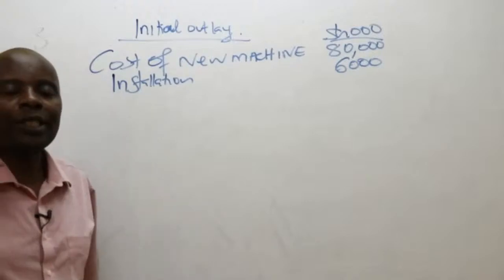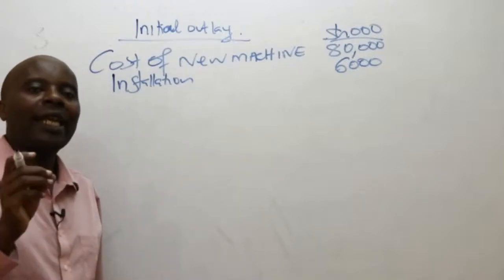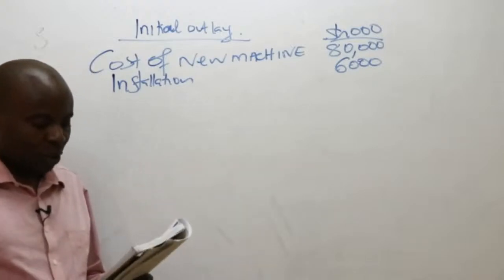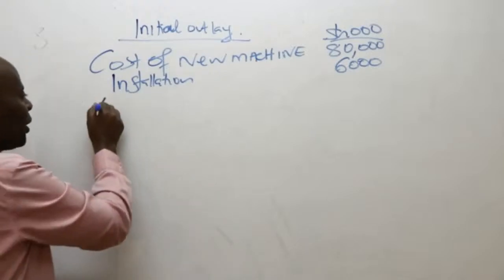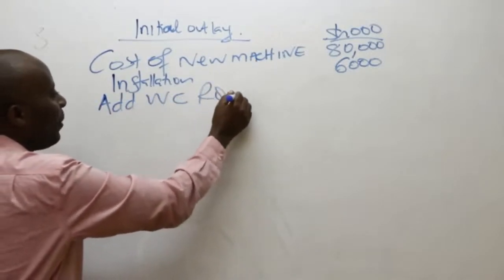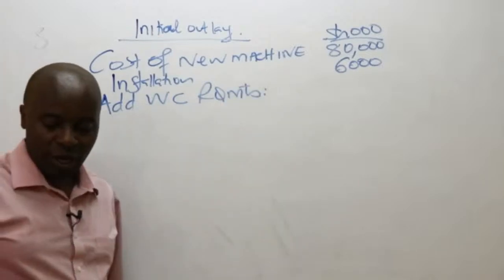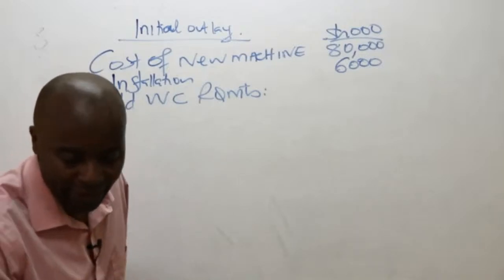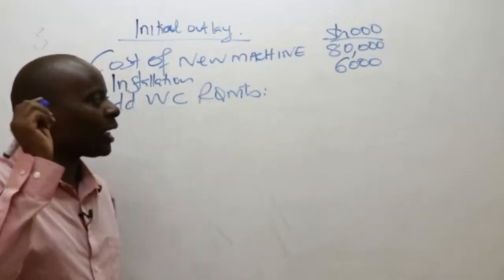Initially, of course, this machine will not come and operate itself. Initially, I need to inject working capital. So what have they told us about working capital? In this case, you say add WC requirements. WC means working capital. Working capital is normally added to the initial outlay, and of course added again to the terminal.